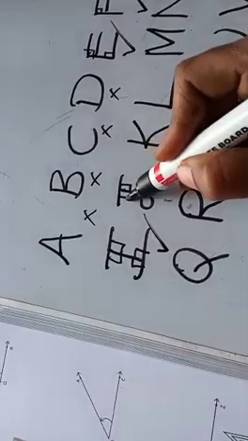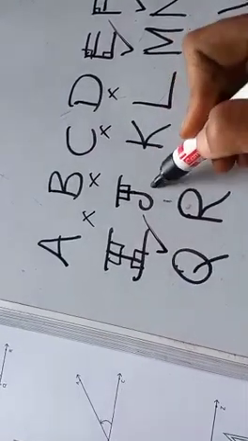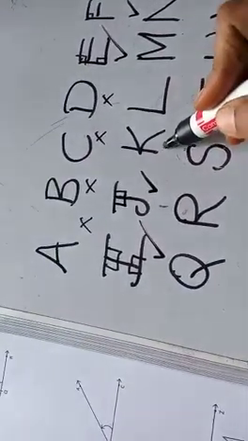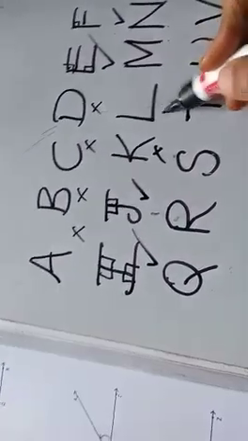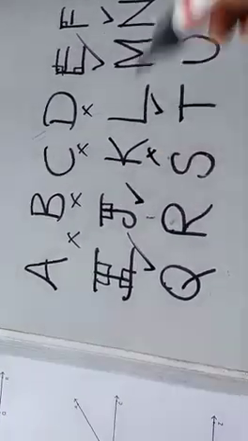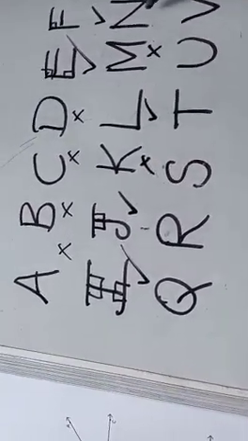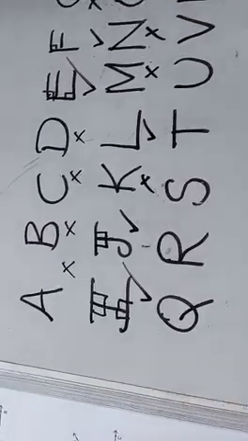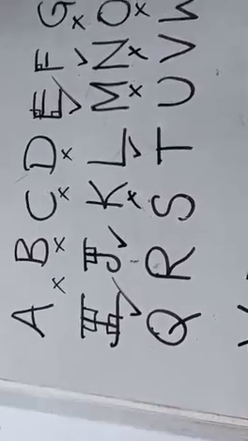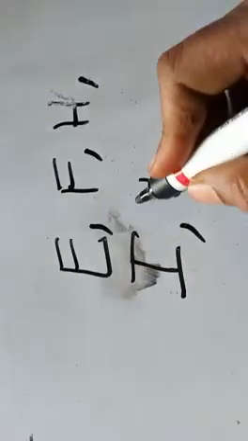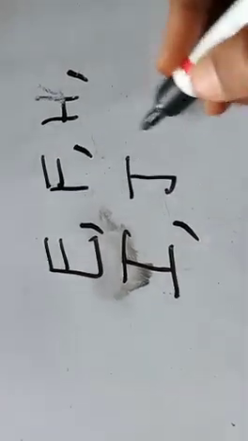In J, here 90 degrees, right? So yes. K, no. L, yes. M, no. N, no. O, no. P, no. So what do you get here? I, J. Here 90 degrees.